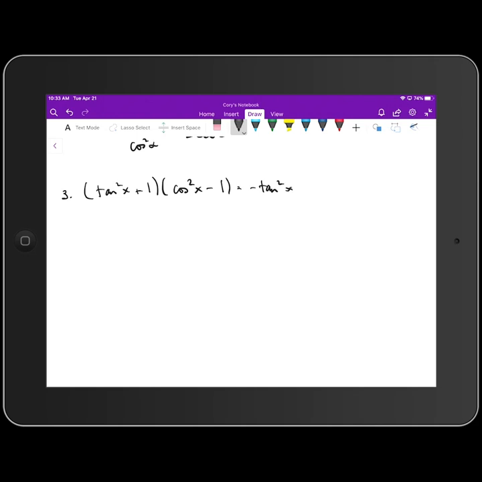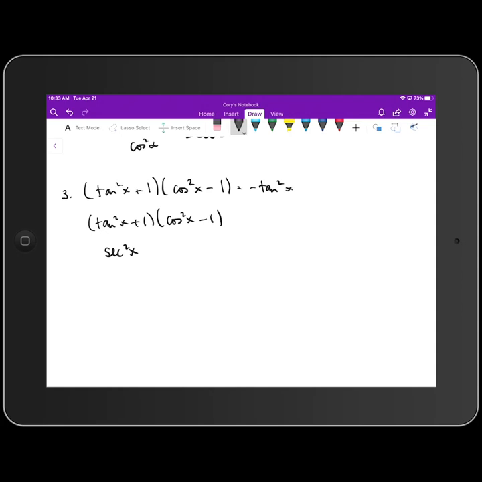Okay, so with 3, again, our more complicated expression is the one on the left-hand side, so that's going to be the one that we start with here. I'll work this one out in 2 different ways as well. For starters, tangent squared plus 1, I can use the middle Pythagorean identity and get that that is secant squared.